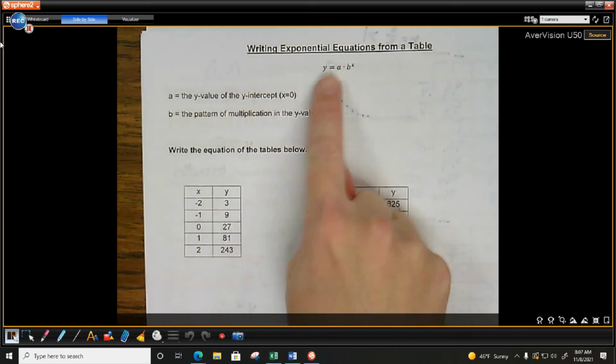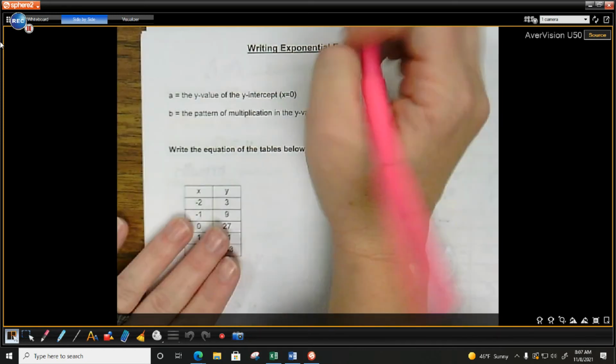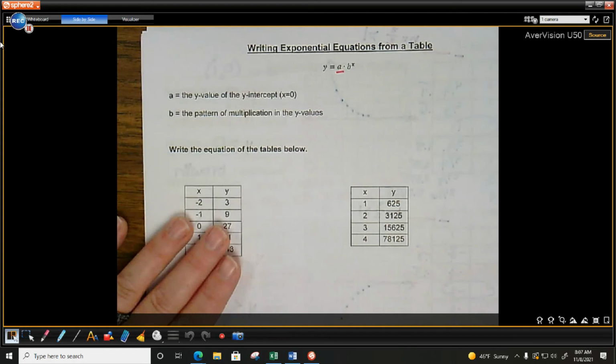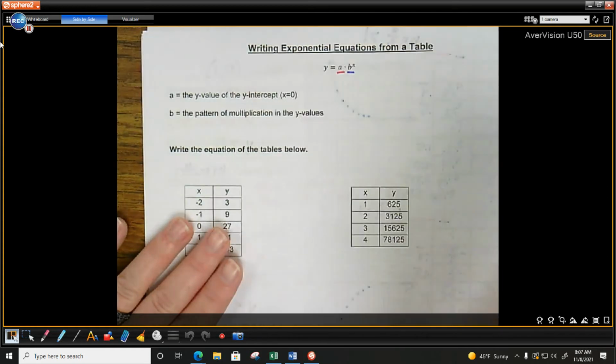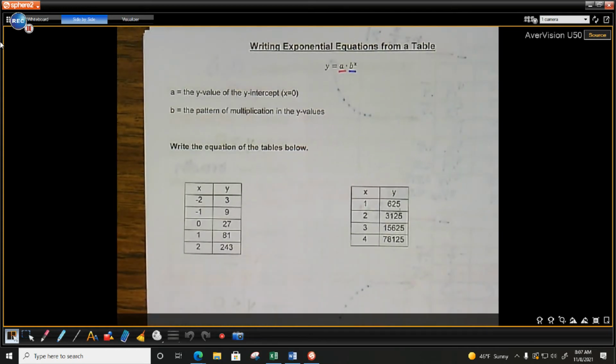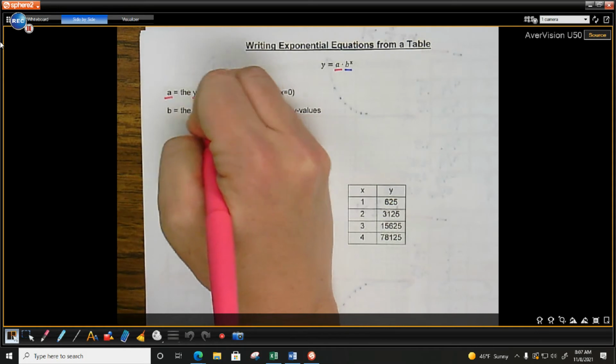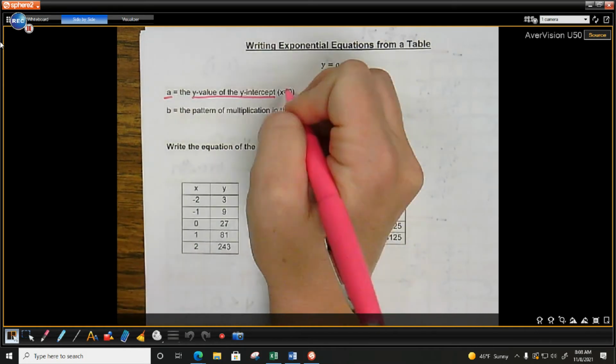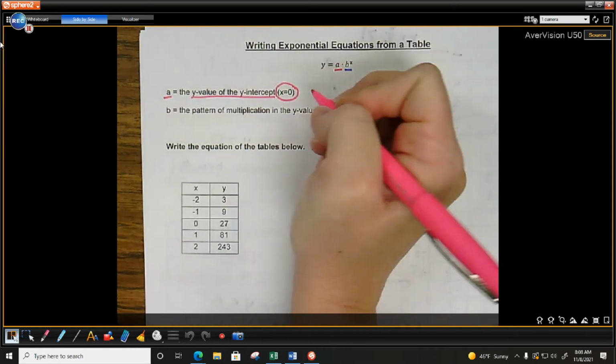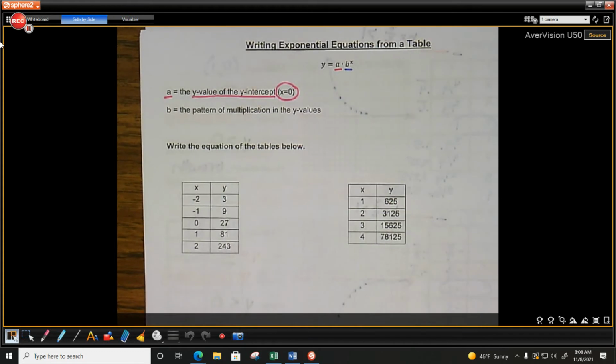Well, what is a? A is the y value of the y-intercept. So we need to find where x is 0. Wherever x is 0, that's your a value. Then we need to find b, which is just your r, the multiplier for the y values. What am I multiplying my y values by?